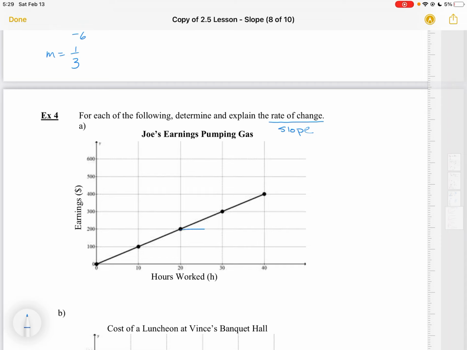If we're given a graph, we can draw on a rate triangle, and we can measure the run, which is 10 because it's important to consider your axes, and 100, which tells me that my slope is going to be $100 because those are the units of my y-axis, over 10 hours, which are the units of my x-axis, which simplifies to a rate of change of $10 per hour.